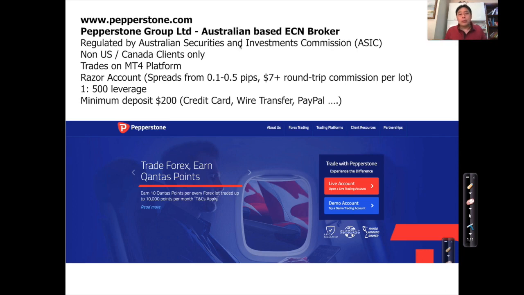Right? Now you can use, again, any broker that you want, but always ensure that the broker you use is regulated by the relevant authority. So for example, if it's a US broker, it should be regulated by the Securities and Exchange Commission, SEC. If it's an Australian broker, regulated by ASIC, because again, there are many small brokers out there that may charge you really low commissions, but they may not be that safe.